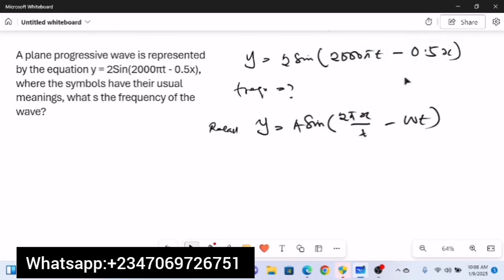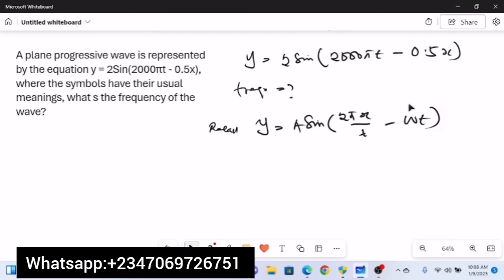Comparing the two equations, 2 pi x over lambda goes for 0.5x, and omega t goes for 2000 pi t, because as can be seen, t is the common variable between these two equations.